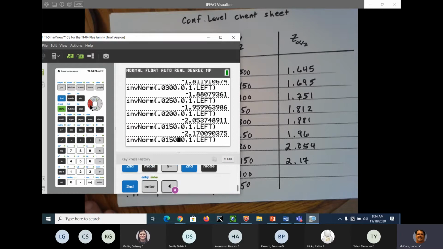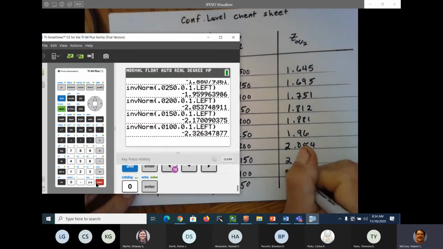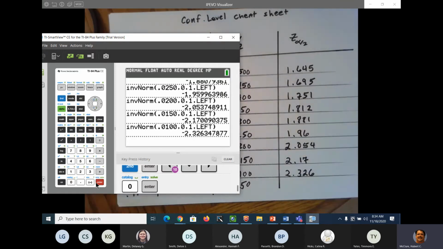Finally. 2.326. 2.326. And the last one, 3.29.